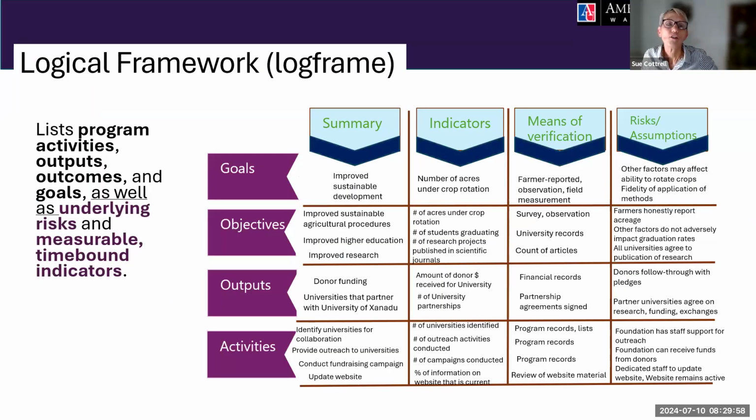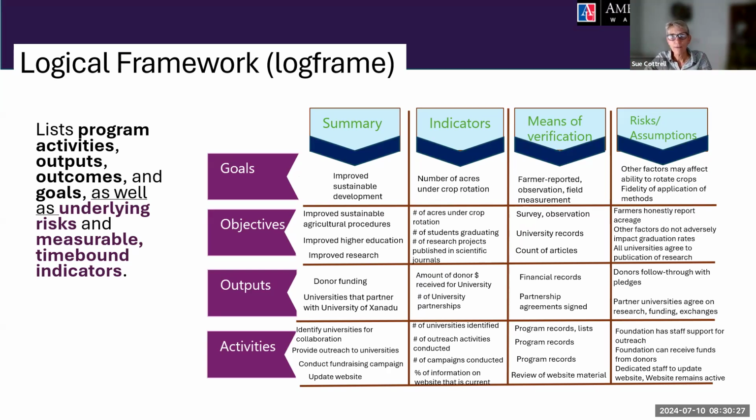A lot of people think that a logic model is the same as a logical framework, or a log frame. I just wanted to briefly show you this graphic, because they're not the same. A log frame has a lot more information in it. It includes indicators, how you're going to verify those indicators, and also the risks and assumptions.